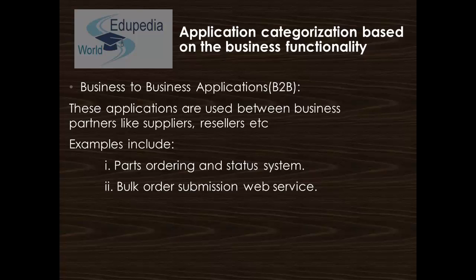Examples include parts ordering and status system, and bulk order submission web service, that is, the systems or functions which are particularly related between the business partners and have nothing to do with the customers or clients.